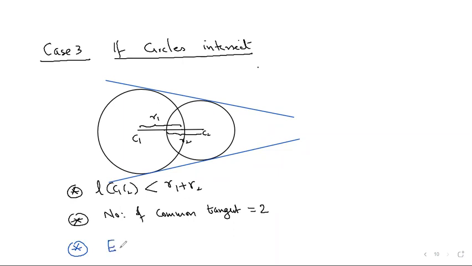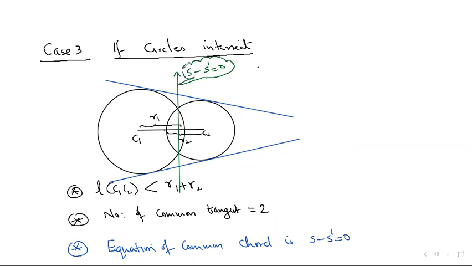The equation of common chord will be S minus S dash equals 0. Which is the common chord here? I will draw it with the green color. This is the common chord, and its equation will be S minus S dash equal to 0.